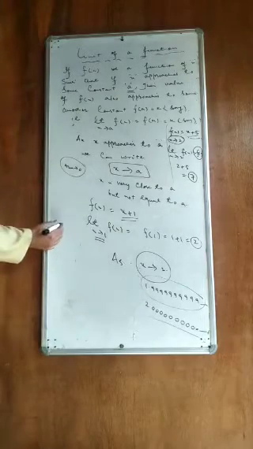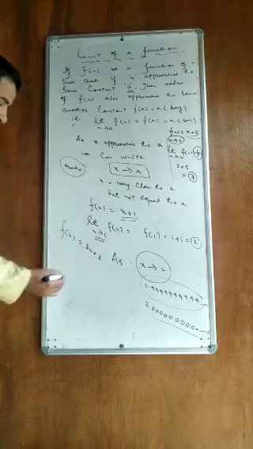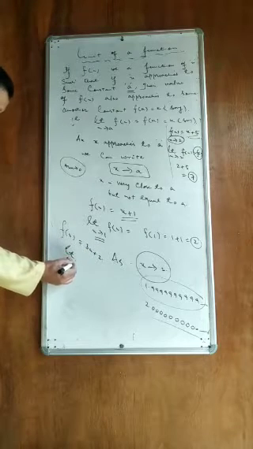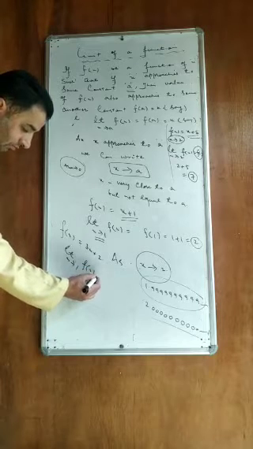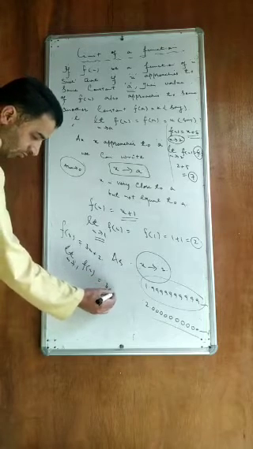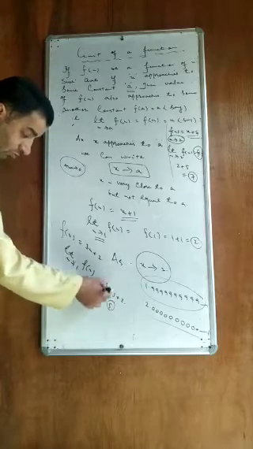आपके पास कोई और फंक्शन है, f of x is equal to 3x plus 2, limit x tends to 1, f of x is equal to 3 into 1 plus 2, that is equal to 5, means it approaches to 5.